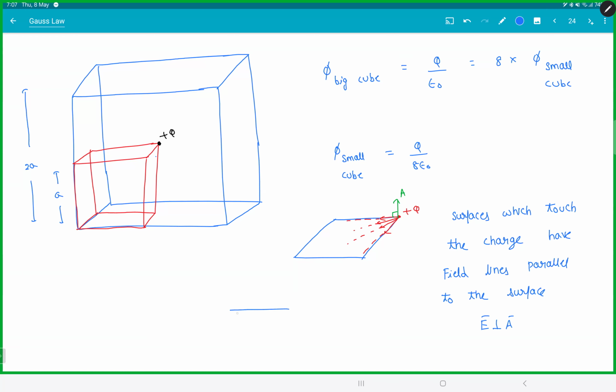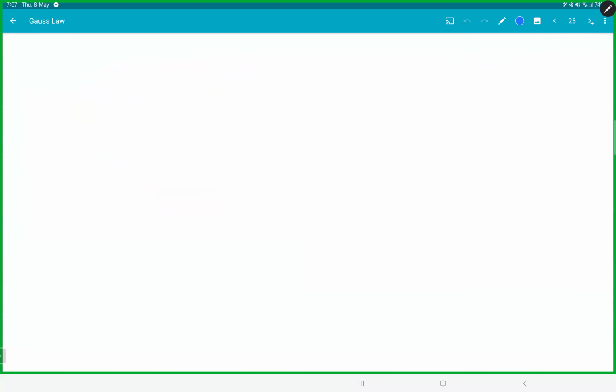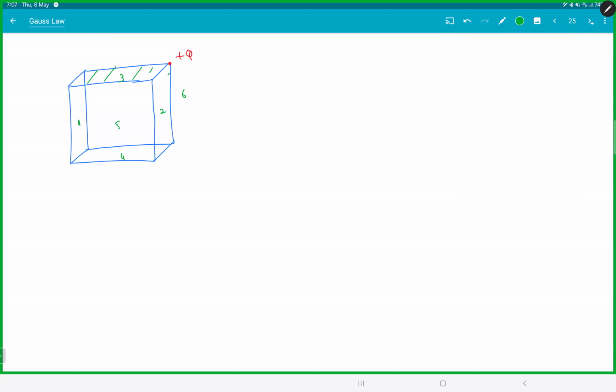So in our cube here, the charge is touching here. This is 1, 2, 3, 4, 5, and 6. You can clearly see 3 is touching, 2 is touching, and 6 is also touching.